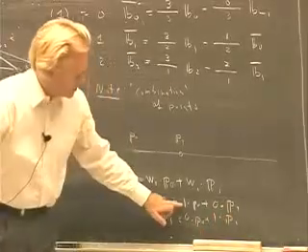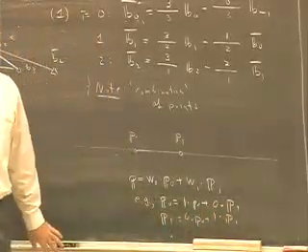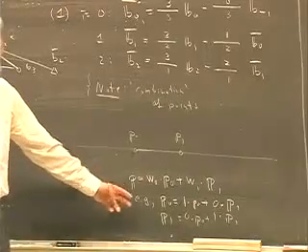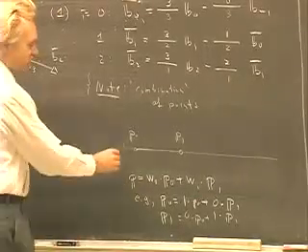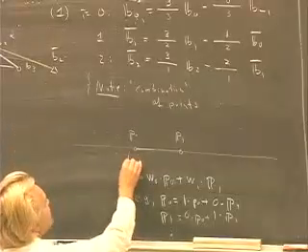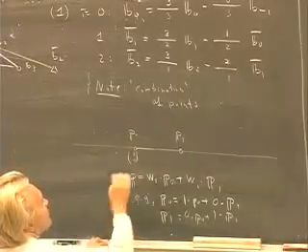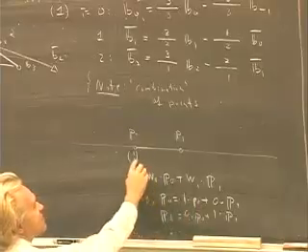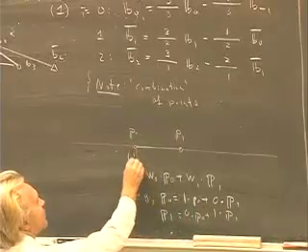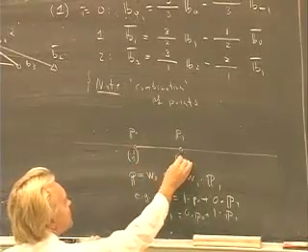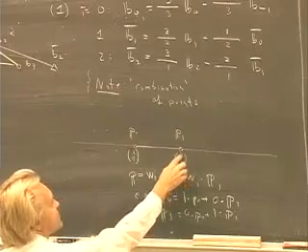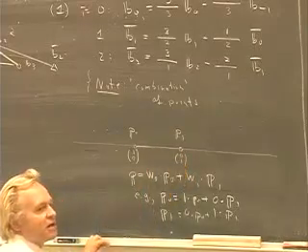So these numbers, these weights, are called the barycentric coordinates of a point. So P0 has coordinates 1, 0, because it is 1 times P0 plus 0 times P1. This point has barycentric coordinates 0, 1, because it is 0 times P0 plus 1 times P1.